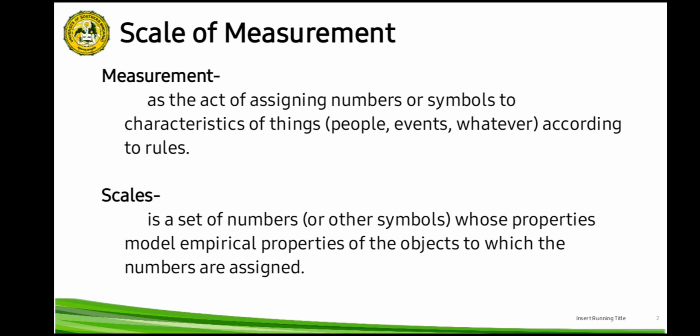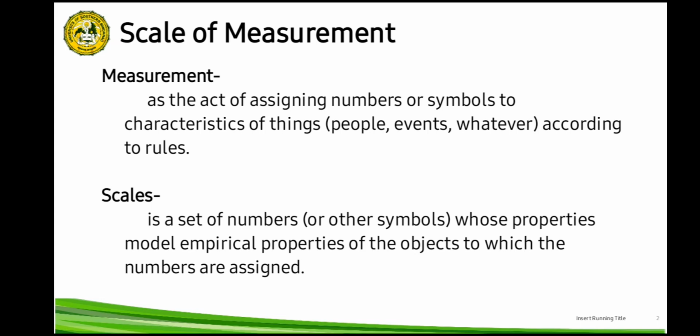Next, scales. A scale is a set of numbers or other symbols whose properties model empirical properties of the objects to which the numbers are assigned. So scales of measurement are methods for defining and categorizing variables and numbers.